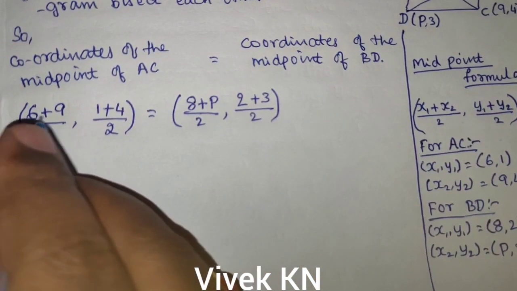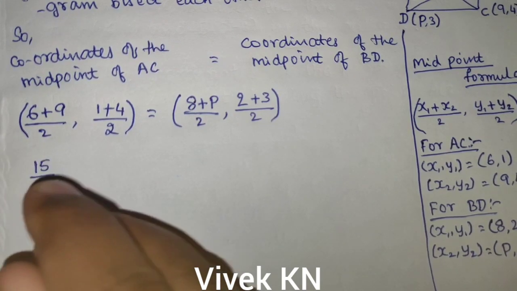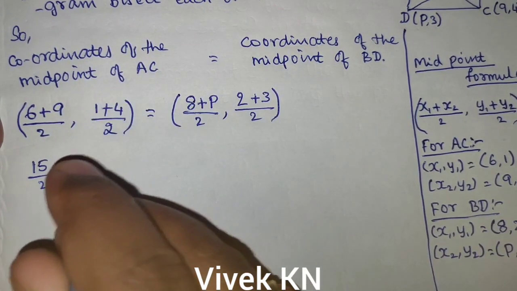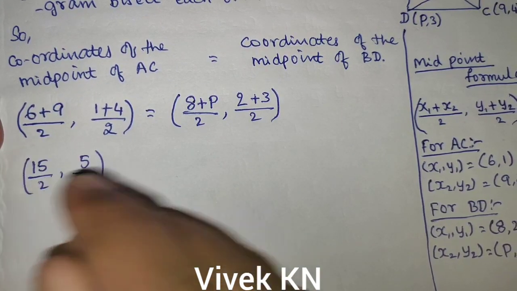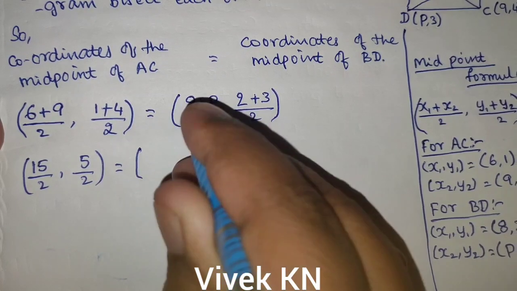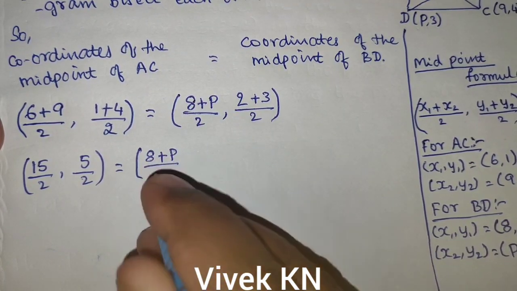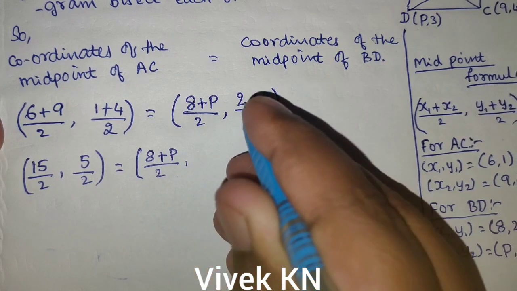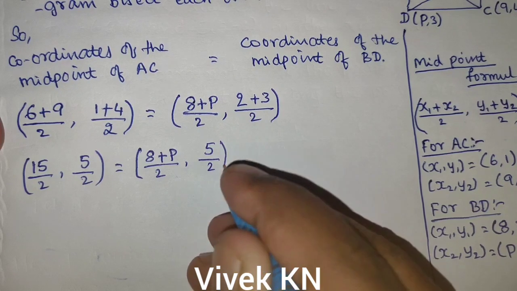That is 6 plus 9 is 15 divided by 2, comma 1 plus 4 is 5 divided by 2, is equal to 8 plus p divided by 2, comma 2 plus 3 is 5 divided by 2.